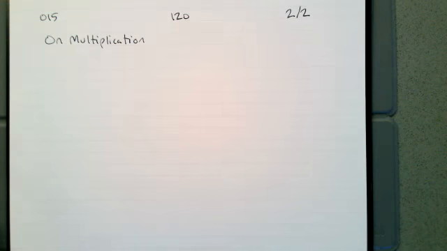So today, that's what we want to talk about. How are we going to think about multiplication? How do we want to think about multiplication?